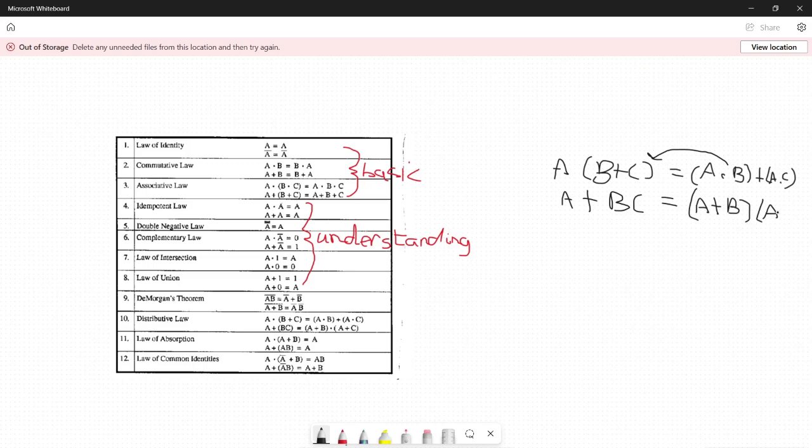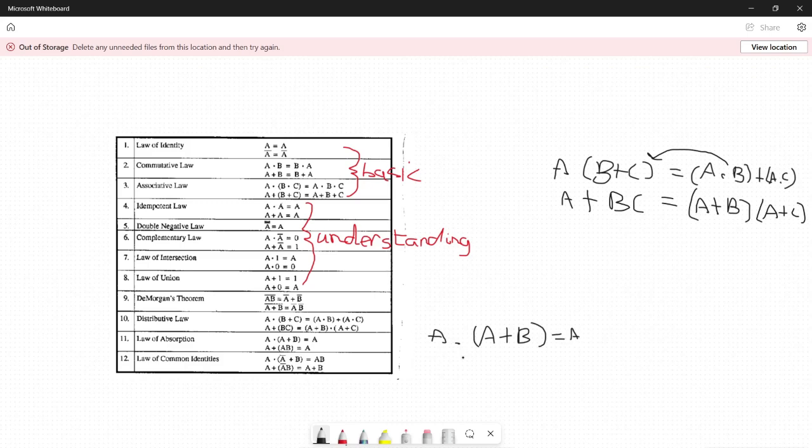Times A plus C. Well, you see here, this law we're going to need, before we simplify this, we're going to need to know this law of absorption. And this states, first of all, that A times A plus B is equal to A.